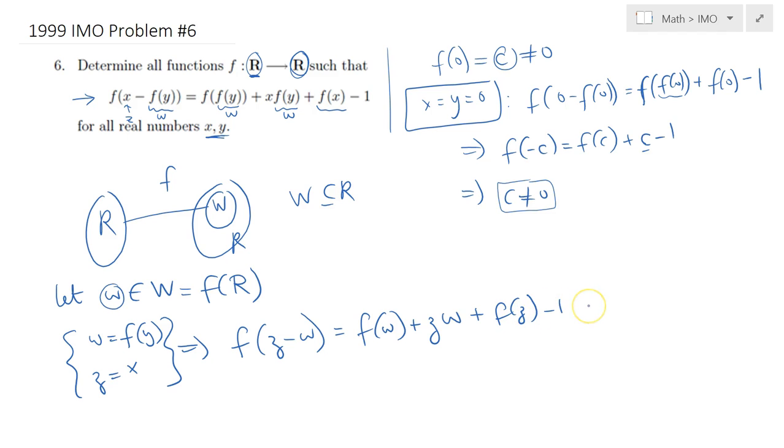Now here I should be careful on what I say. z is still in R, but little w is in capital W, which is a subset of R. It's in the range of our function. So when this is the case, now I can make the following trick.